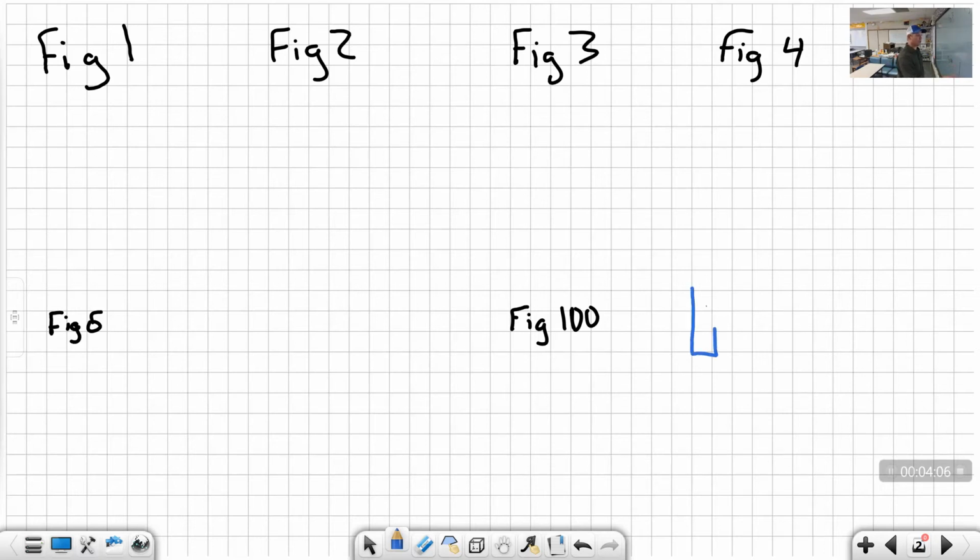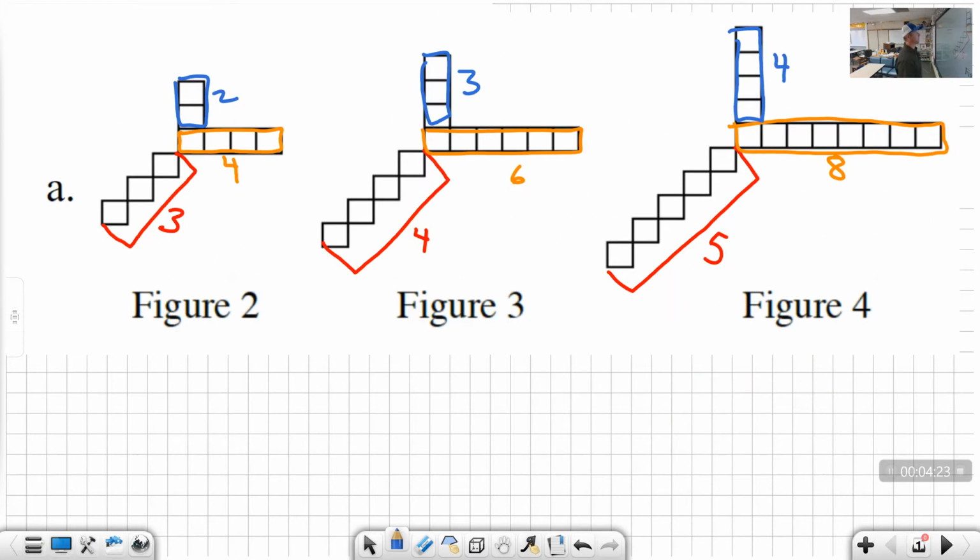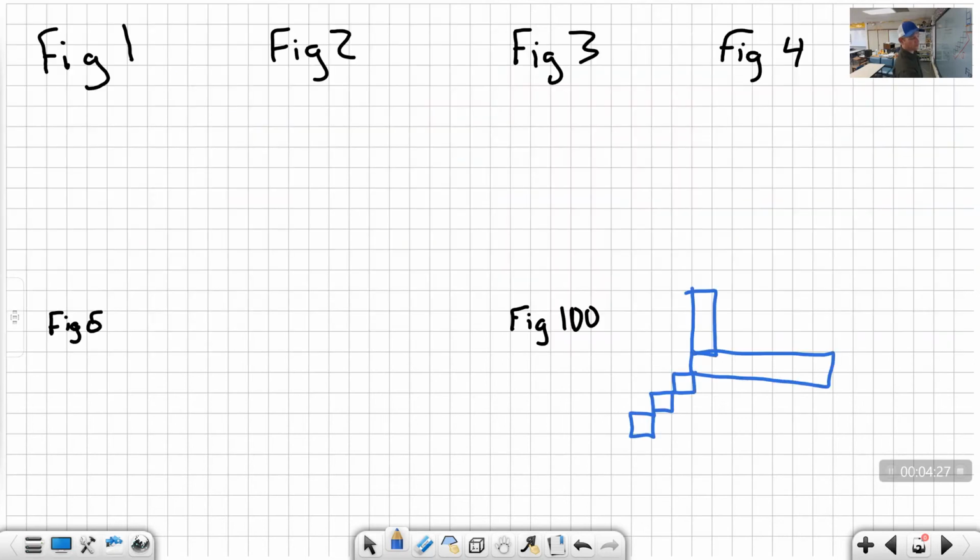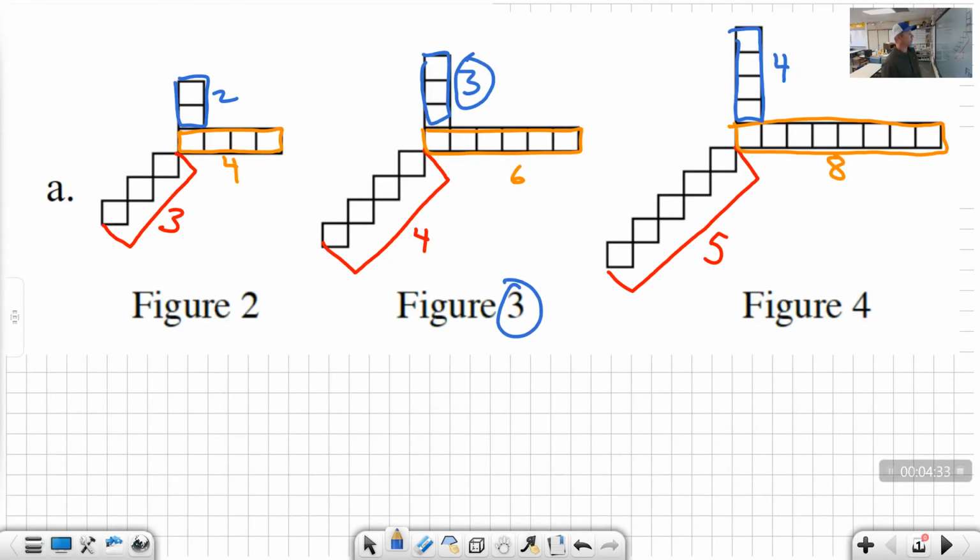Okay, now that you have drawn figure 2, 3, 4, 5, and 1, how do we do figure 100? Well, I'm just going to draw a generic shape. Let's get a couple on the diagonal here. What you should have noticed in your pattern is that the height matches the figure number. So if the height matches the figure number, you know how tall the 100th figure is.